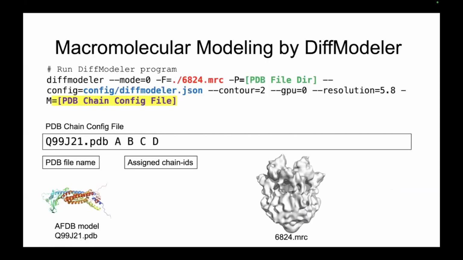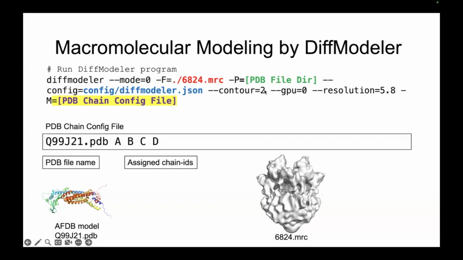Okay, then once you install and copy the weight files, then edit the config files, you can type this command, diffmodeler. The -f option specifies the density map file, the -p option specifies the directory of your atomic models, and the config option specifies the config JSON file.